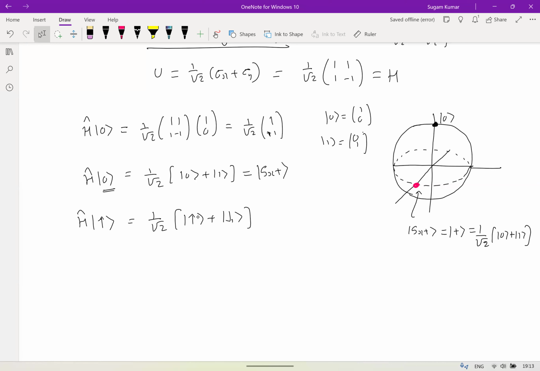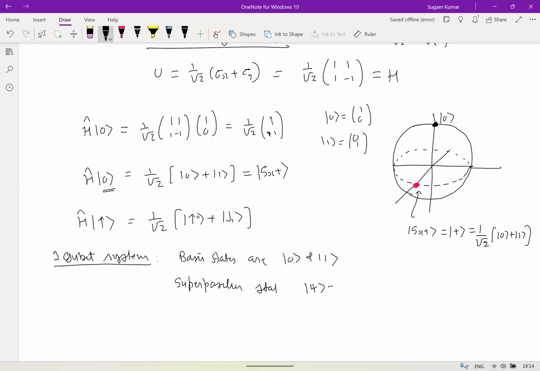Let us say you have a 1 qubit system. The basis states are 0 and 1, but along with that there is a superposition state also. That is called psi, and that is a times 0 and b times 1.